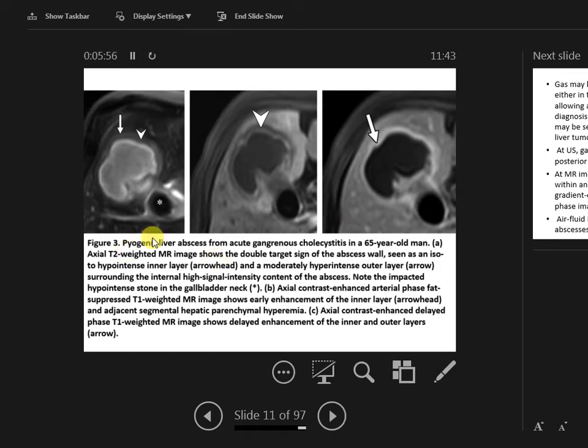This is an MRI of an abscess. This is the axial T2 MRI showing the double target sign. And this is contrast enhanced; it follows the CT scan, taking the contrast just like CT in the dynamic early phase.